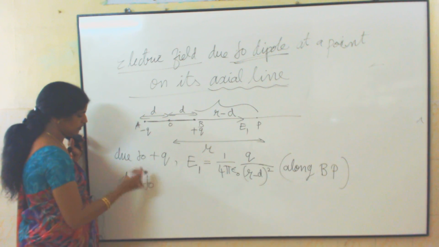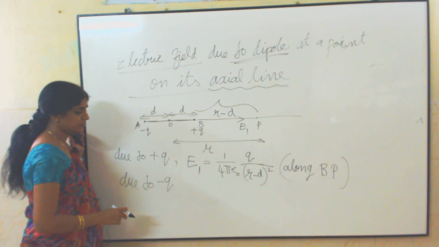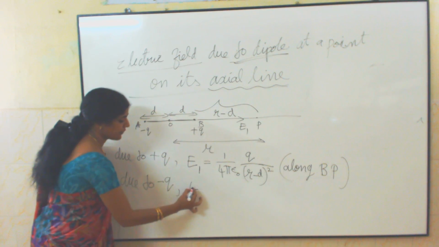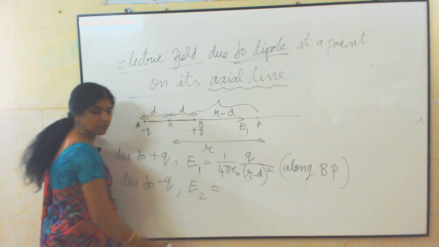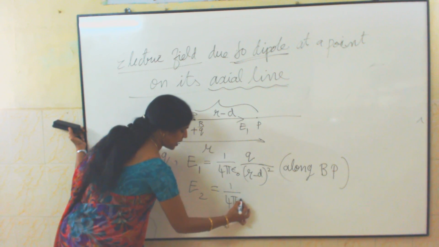Similarly, I can also find out how this electric field will be due to the charge minus Q placed at A. I will take that electric field as E2. E2 equal to 1 by 4 pi epsilon naught.